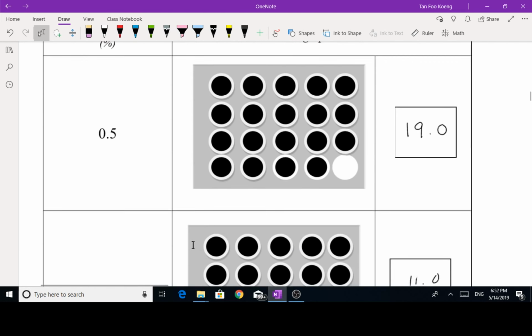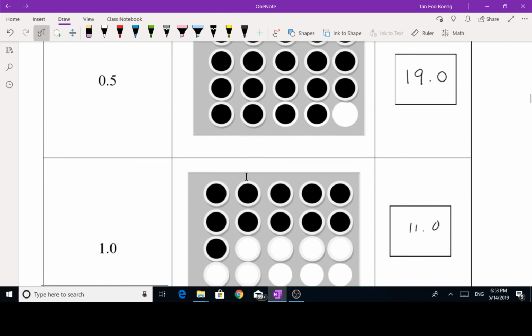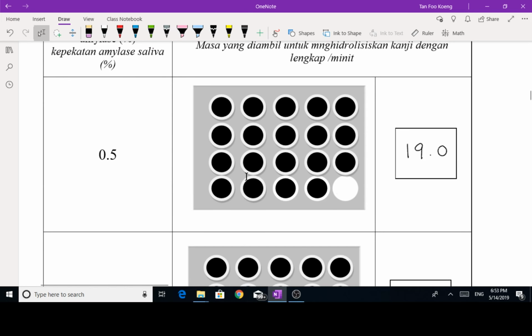Now let's look at the first question. Based on table 1.1, state 2 observations on the relationship between the quantity of salivary amylase and the time. If you still remember, it is very important to state the MV and the ORV. Before we can answer this, we need to complete the table first.